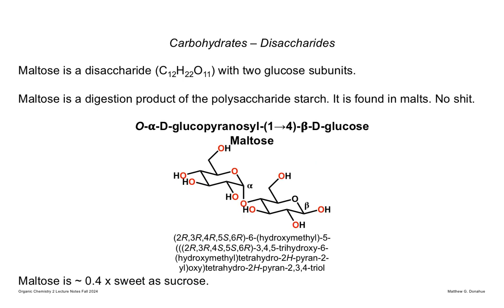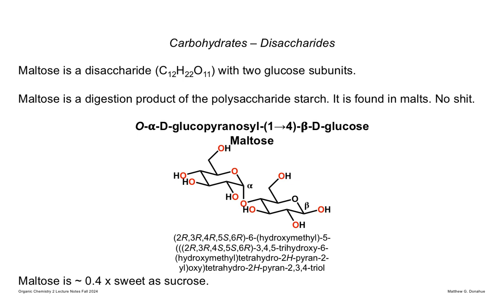Maltose is a digestion product of starch. So the amylose gets digested, it forms maltose. It's found in malts. So example like malt liquor.